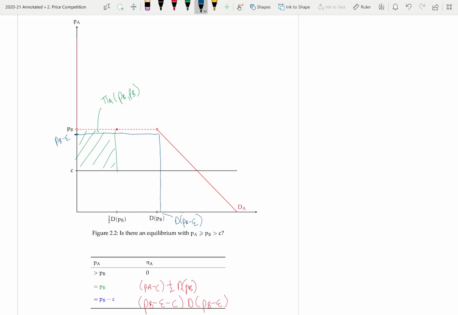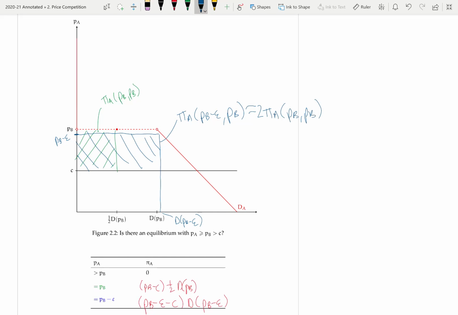And so the profit at this price, just a little bit less than firm B's, is going to be this whole rectangle here now, which is approximately twice the area of the green rectangle. So the profit of firm A at a price of PB minus epsilon when firm B prices at PB is approximately twice the profit when firm A prices at PB.